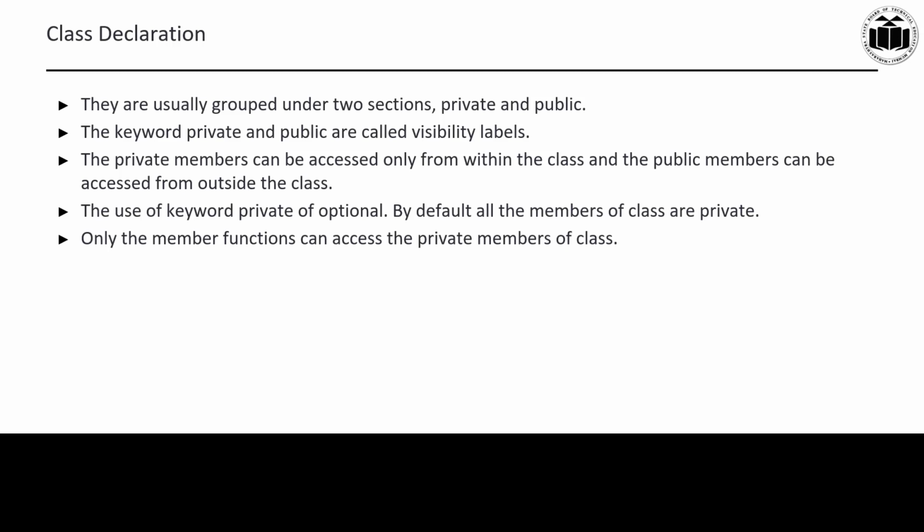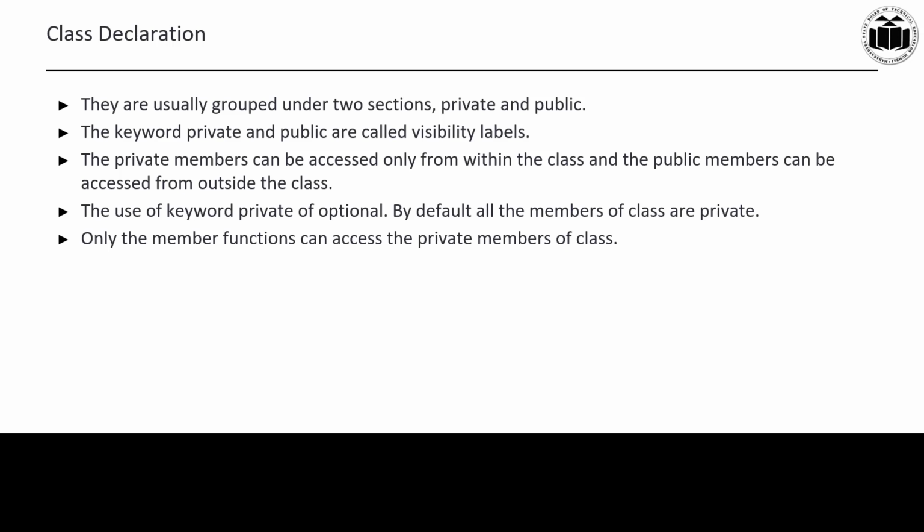For that we require the private access specifier. Whatever you write in the private access specifier, we cannot access outside the class, but we can access it through the public access specifier of the class. So what are the keywords?